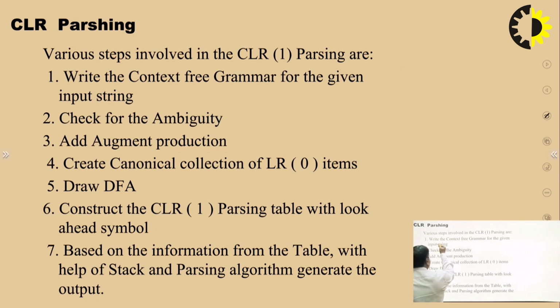These are the steps by which we perform CLR parsing. First, write the context-free grammar of the given input. That is the first step, and this step is common for all different types of bottom-up parsing. The next step, also common for all types of parsing, is to check the ambiguity of the grammar. In CLR parsing also, we check whether the grammar is ambiguous or not.